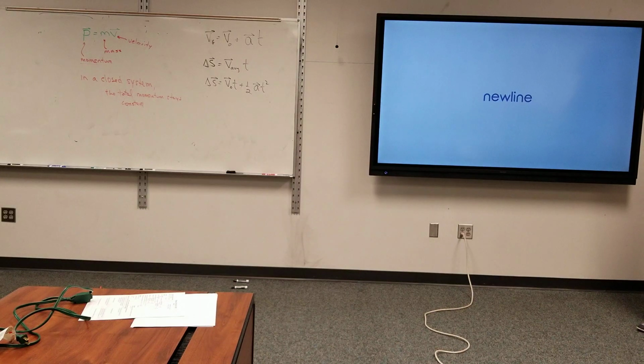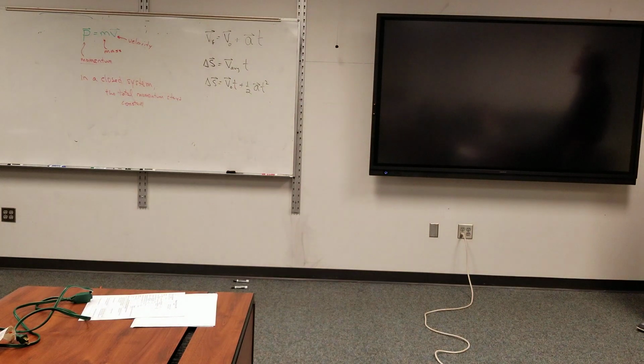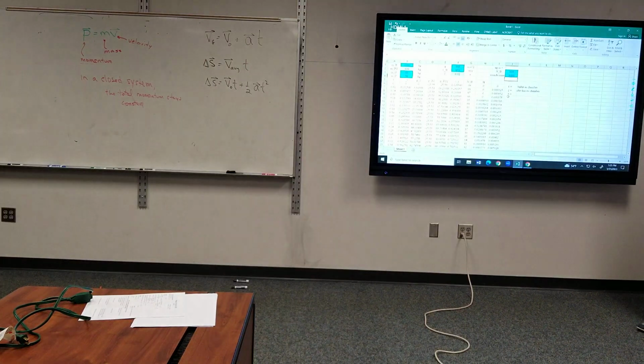Now, what do I mean by a closed system? A closed system is a system that is not influenced by any factors other than the factors that you're accounting for. Okay. All right. Ashley, you had your hand up also. You want to tweak that, Andy? I was just gonna say it has no outside forces acting on the system.